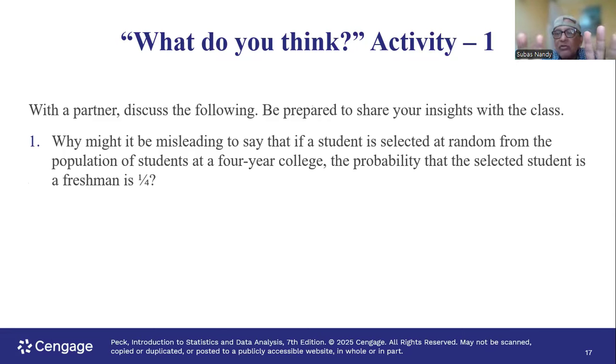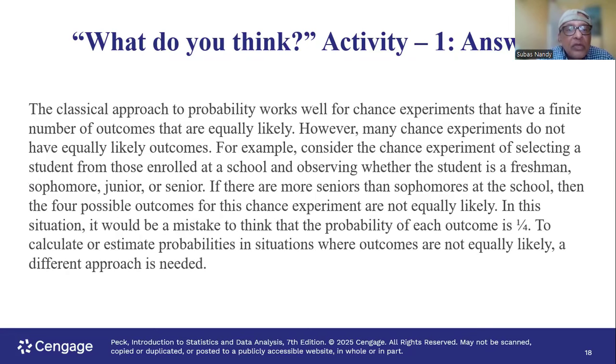That's not true. Freshmen may be higher in number, sophomore count may be lower in number. So you cannot say the probability of freshman is equal to probability of sophomore is equal to probability of junior is equal to probability of senior is equal to 1/4. That is not true because the number of students in each class are not equal.